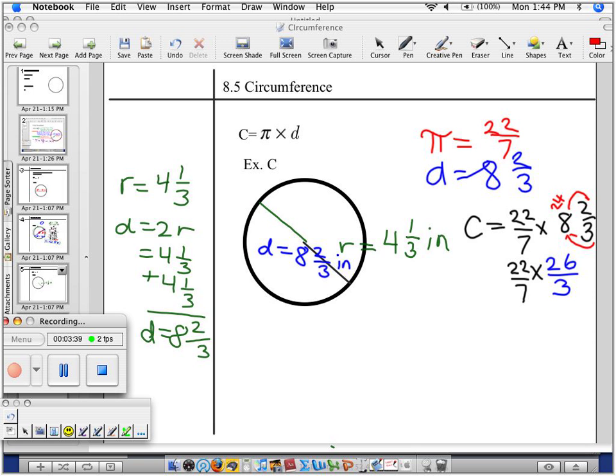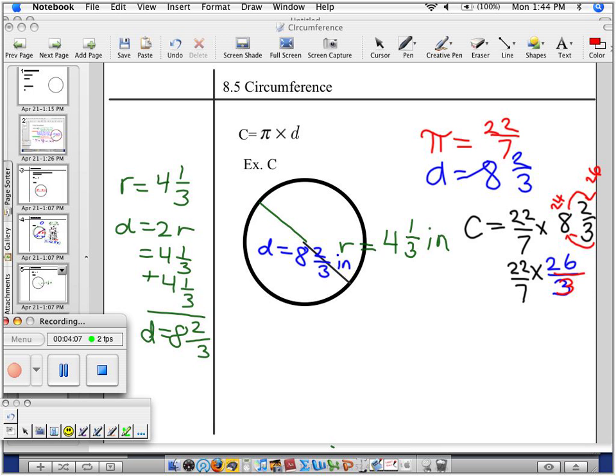And then I'm going to add to that the 2 on top. 24 plus 2 makes 26. So that 26 is right here. And then the fraction 8 2/3 was sitting on top of 3's, on top of thirds. Okay? And then I can convert this back by division. 26 divided by 3 would give me 8 and a remainder of 2.